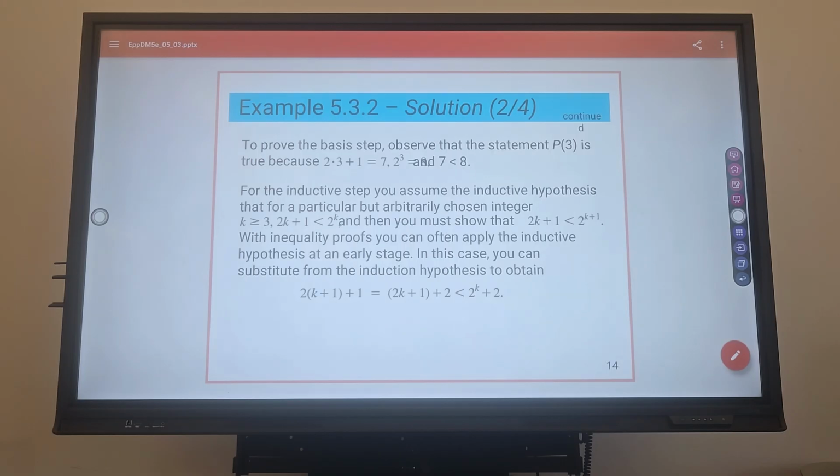For the inductive step, you assume the inductive hypothesis for a particular but arbitrarily chosen integer k greater than or equal to 3, that 2k plus 1 is less than 2^k. And then you must show that 2(k+1) plus 1 is less than 2^(k+1).